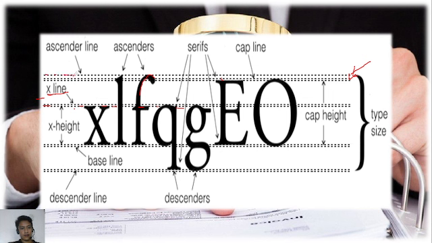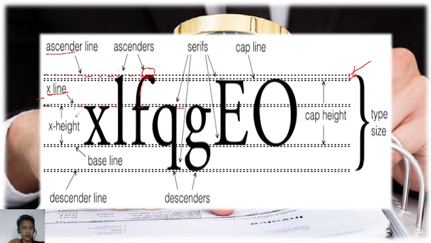So ascender line, imaginary line that is just above the cap line. That is what we refer to as ascender line. So again, the topmost portion of a letter that has an upper loop portion, that is ascender.